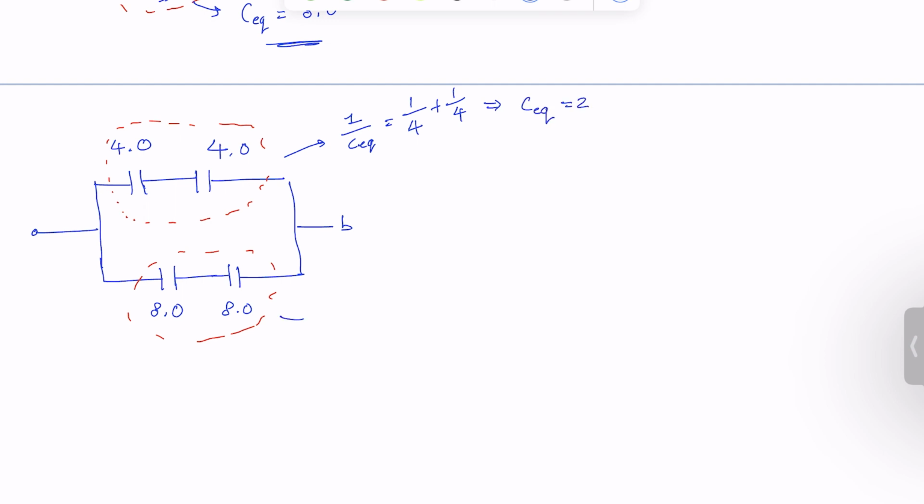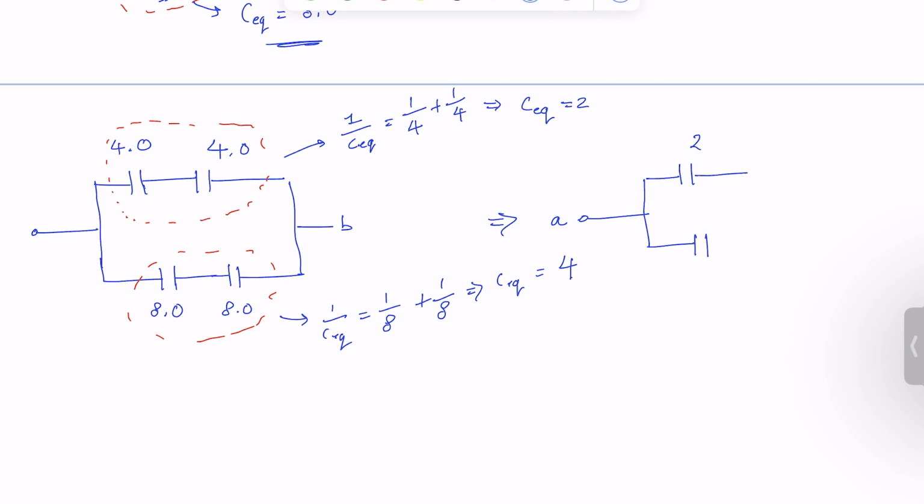And here 1 over C equivalent will be equal to 1 over C1, that is 8, plus 1 over C2, that is again 8, and this means C equivalent will be equal to 4. So now what you have here is a circuit where this guy has capacitance 2 and this guy has capacitance 4.